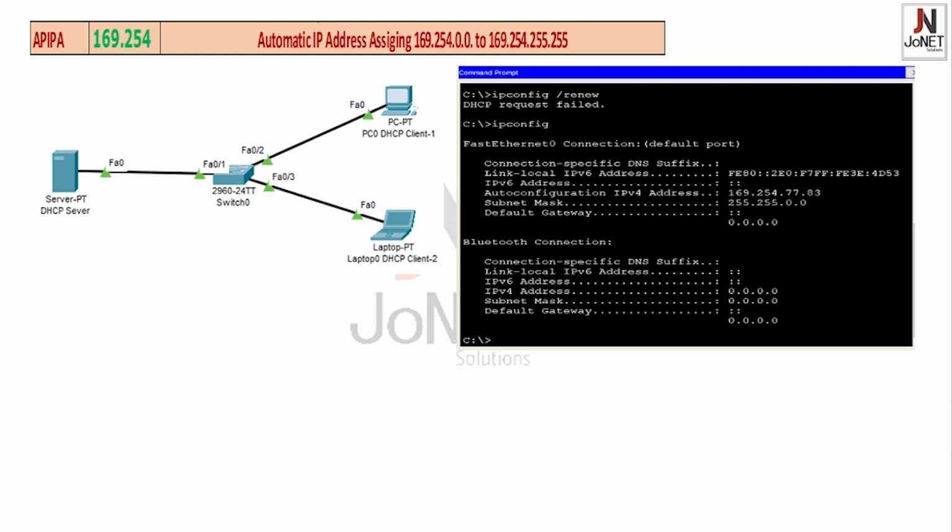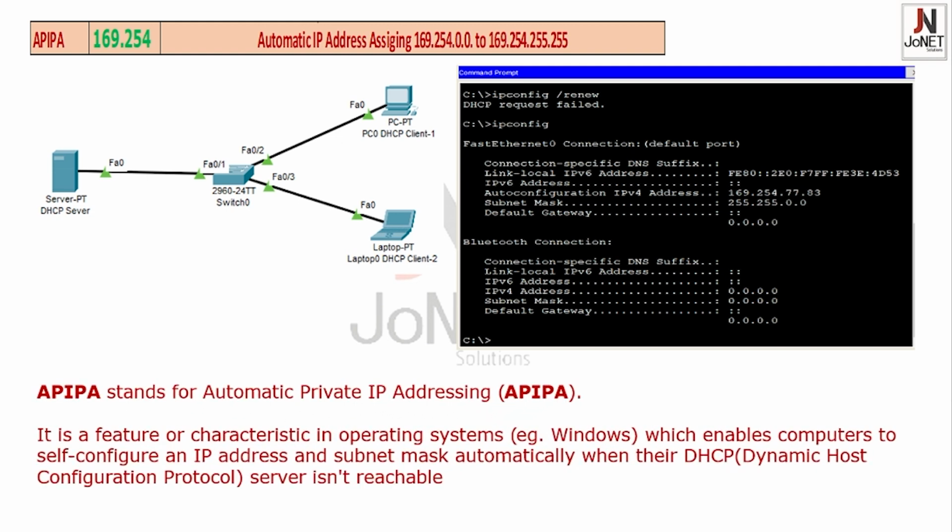Then the client will receive 169.254, and the remaining third and fourth octets we cannot predict; they are automatically assigned by the adapter. Whenever you find this kind of APIPA range, we should know that we cannot reach our DHCP server. It is a feature in the operating system where the computer can self-configure the IP address and subnet automatically when the DHCP server is unreachable. Whenever we find this range, we know there is a problem between the DHCP client and the DHCP server.